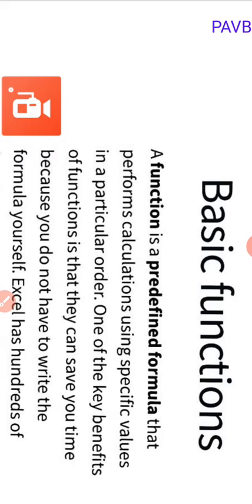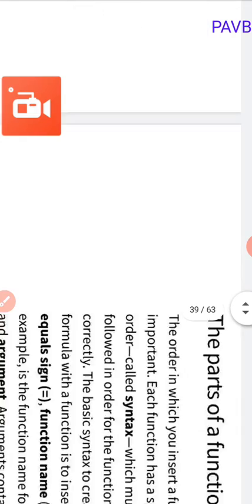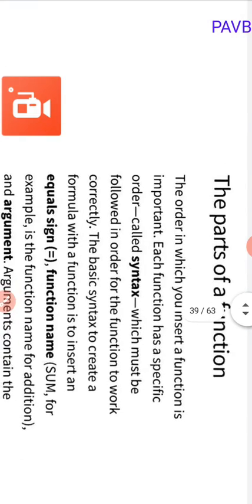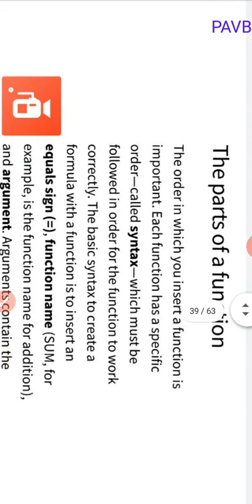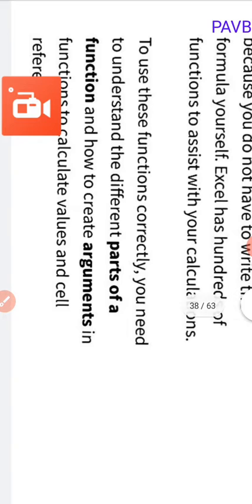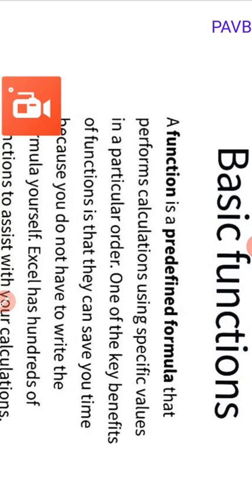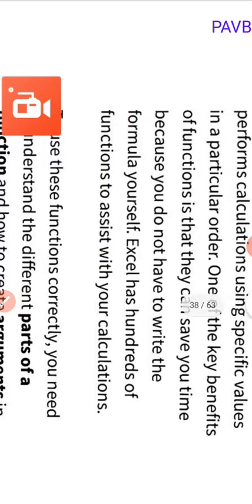One of the key benefits of functions is that you can save time because you don't have to write the formula yourself. Excel has hundreds of functions to assist with your calculations.